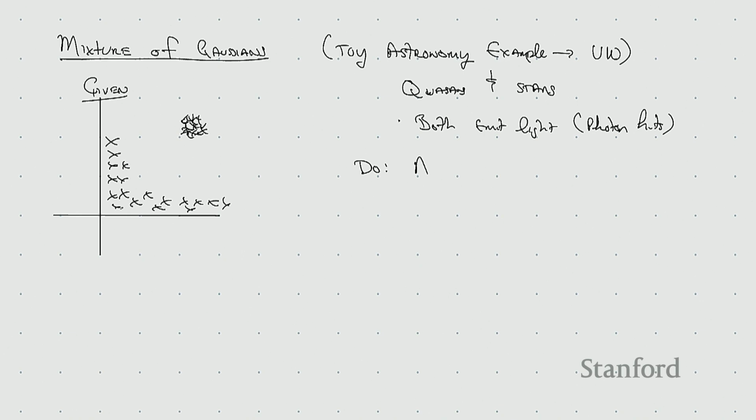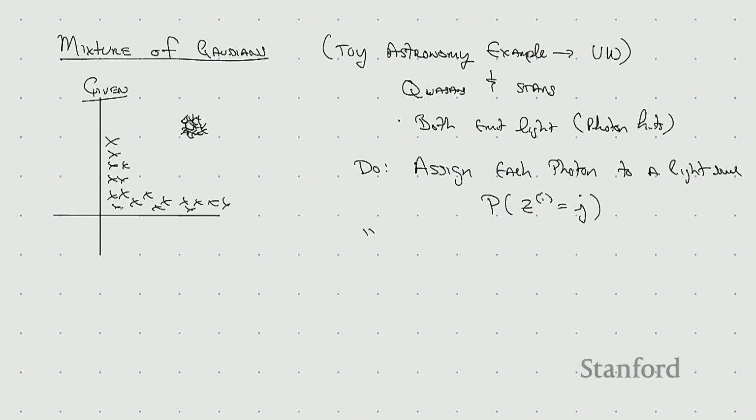But what we want to do is assign each photon to a light source. Of course, in this case, we don't have perfect information of the light sources either. And so we're going to settle for what we call a soft assignment. Okay?